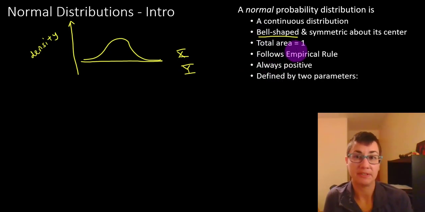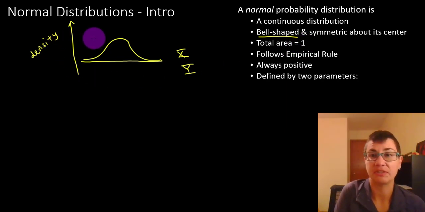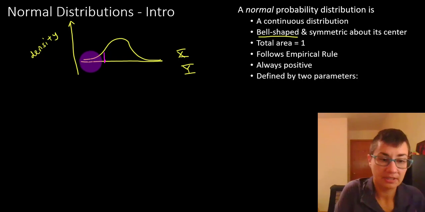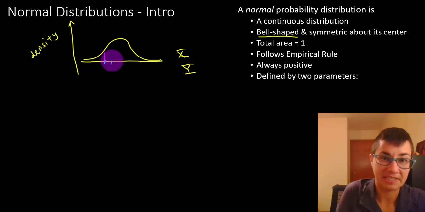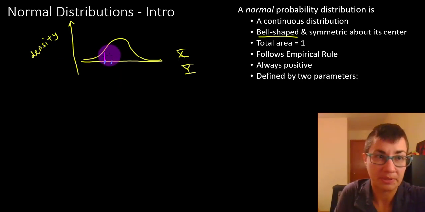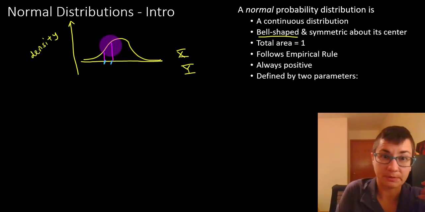Also, we mentioned in a previous video that we are using this probability density function as a way to find probability. So you might have some region of interest, maybe like these blue tick marks, from here to here, and the corresponding area would be the probability of observing values between those blue tick marks.